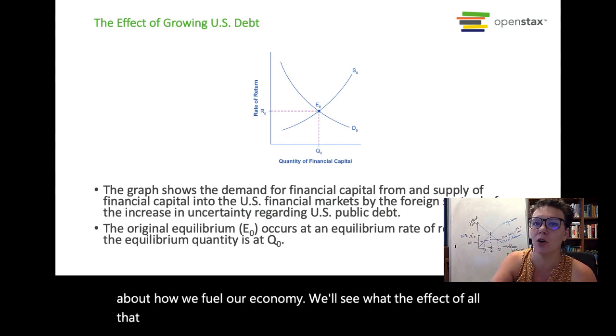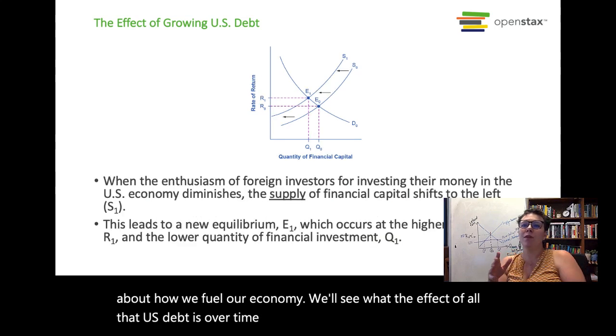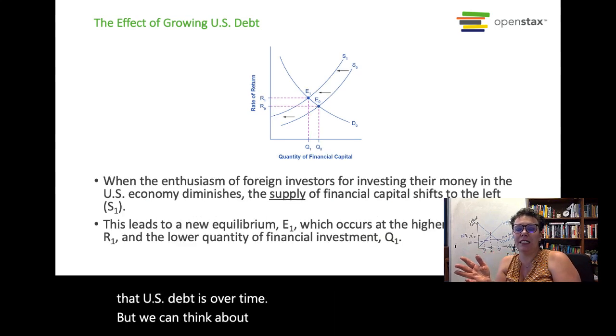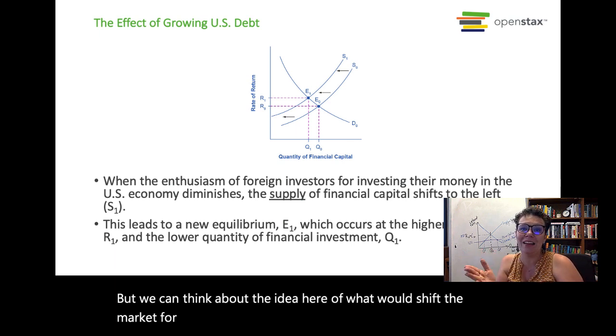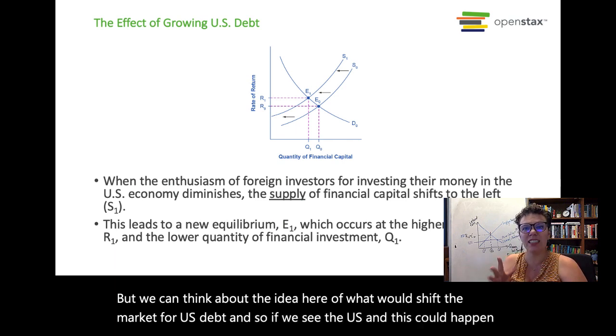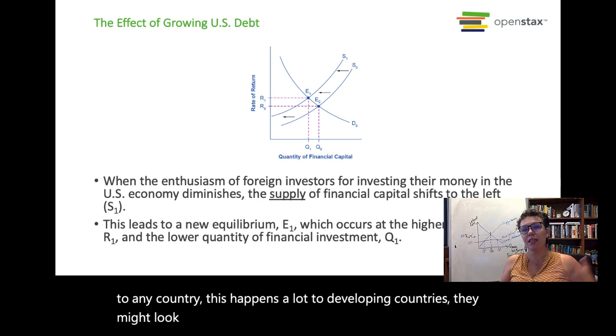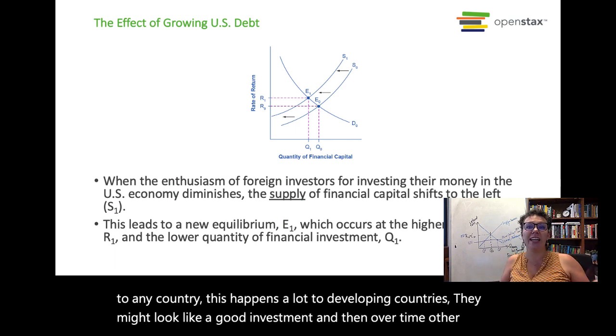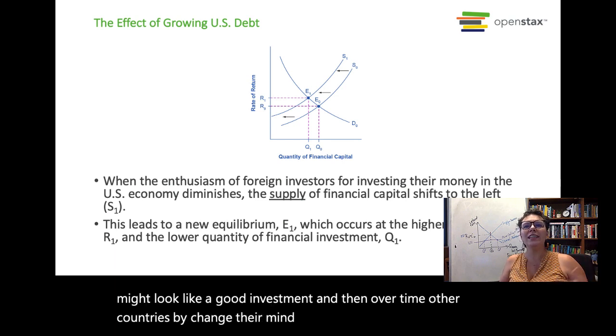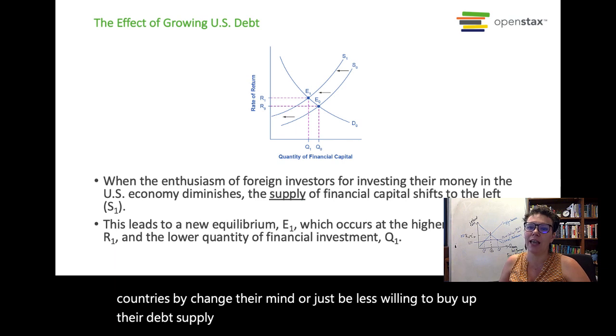But we can think about what would shift the market for U.S. debt. If we see the U.S., and this could happen to any country, this happens a lot to developing countries, they might look like a good investment, and then over time, other countries might change their mind or just be less willing to buy up their debt to supply financial capital.